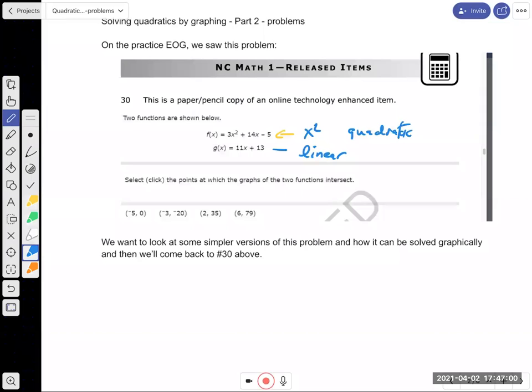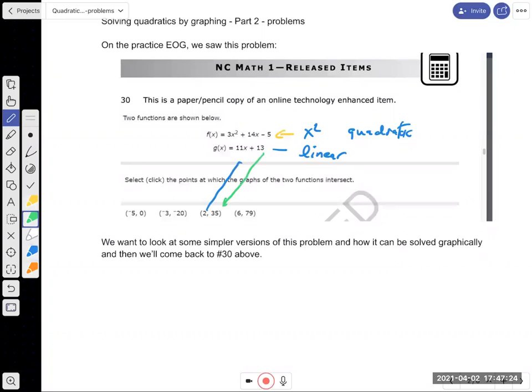And so what you could have done in this one is you could have just substituted in the values. For example, when you do 2, you put 2 into the first one. 11 times 2, 22 plus 13 is indeed 35. So you say, well, that might work, right?